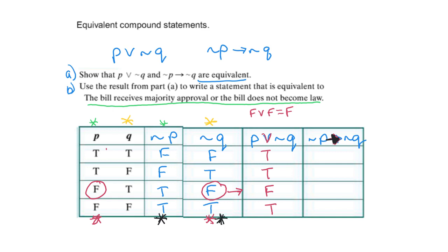For the conditional, if you start with a true, which implies a false, the answer would be false. So the only time that occurs is when not P is true and not Q is false. This will give me a result of false. All the other options will result in true.